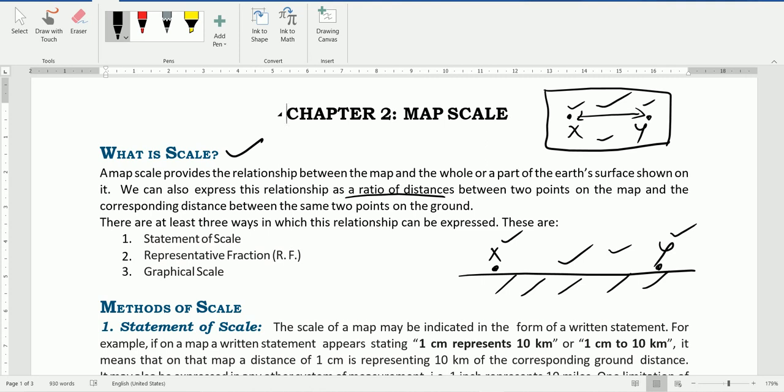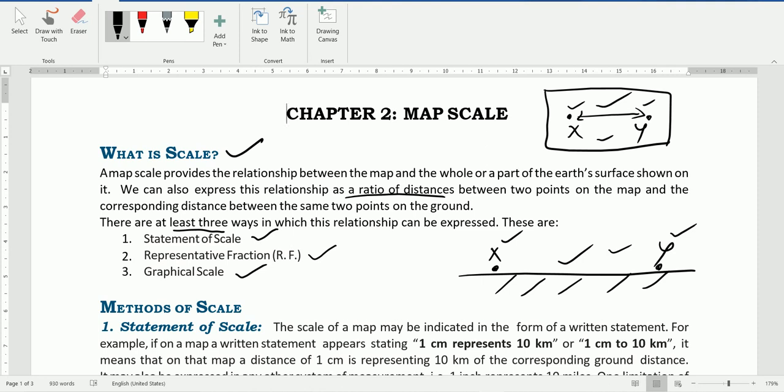There are at least three ways in which this relationship can be expressed. Map scale can be expressed in three ways: number one, statement of scale; number two, representative fraction, that is RF; and the third one, graphical scale. These are the three ways to express the map scale.